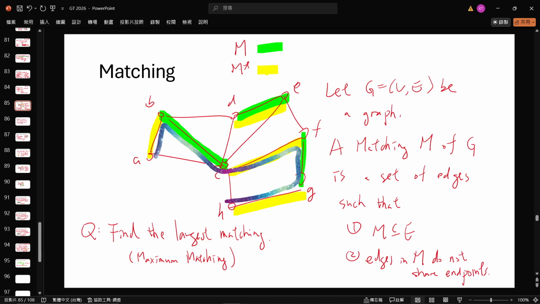Once again, we only consider edges in M and M star. So edges like this are not considered here.